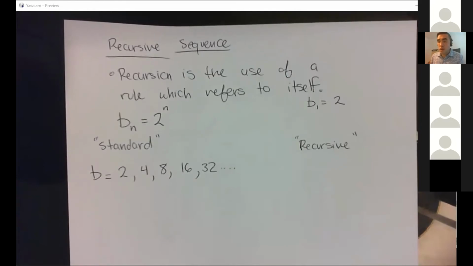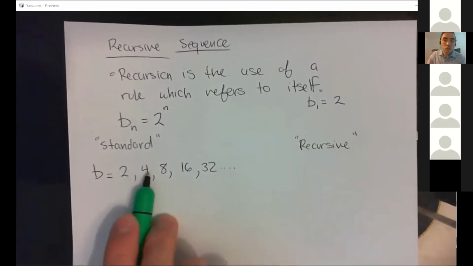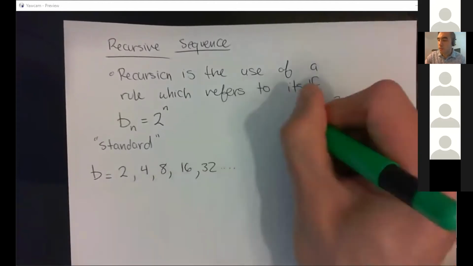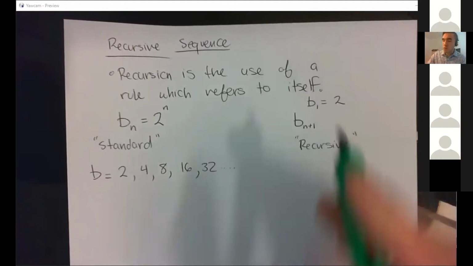And then after that, all we have to do to generate the rest of the sequence is say what we're doing every single time we step forward. So when I go from here to here, what am I doing? Times 2. Times 2. So here's how we can write that recursively. We would say that b n plus 1, right?